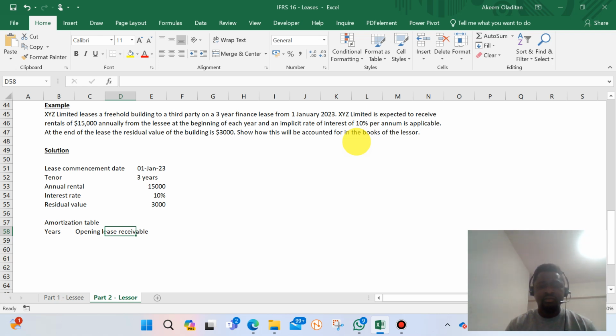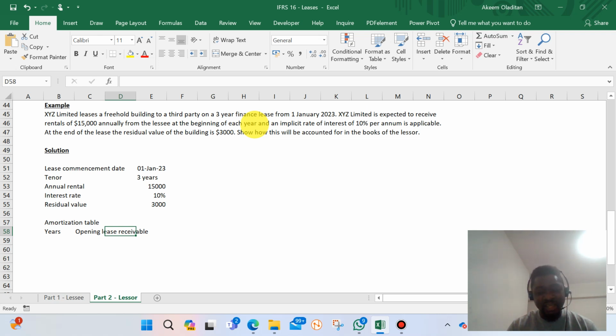Look at the question very well. It's different from what we did in the books of the lessee, because the annual rental here says that it will be received at the beginning of each year. On the last example we did under the lessee's books, it was paid at the end of the year.